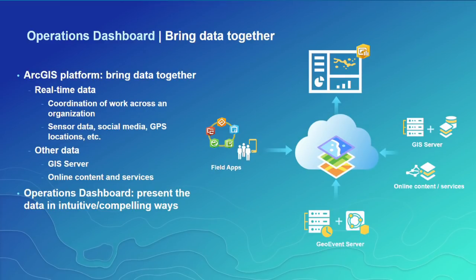The other way that we talk about real-time data is in the sense of coordinating your work across your organization. We have lots of customers that use the Esri field apps, for example, Collector for ArcGIS or Workforce for ArcGIS, doing their work out in the field. That information is relayed back to their ArcGIS organization and displayed on a dashboard in real time, or near real time.